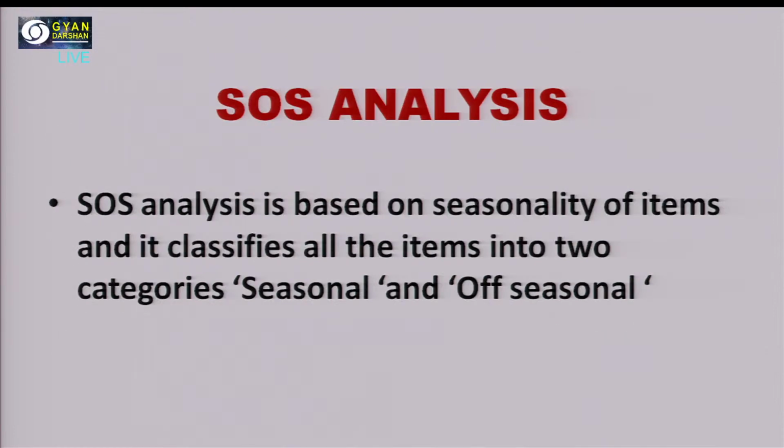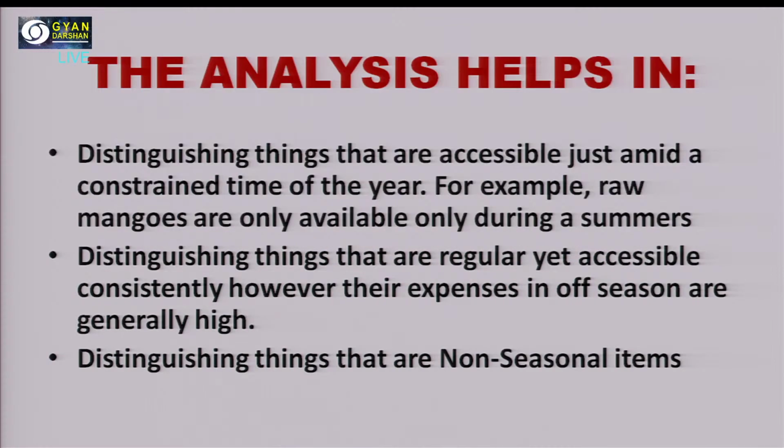Another control technique is SOS analysis. S stands for seasonal, and O and S together stand for off seasonal. This type of inventory control technique categorizes the items into 2 categories: one is seasonal and the other is off-seasonal.